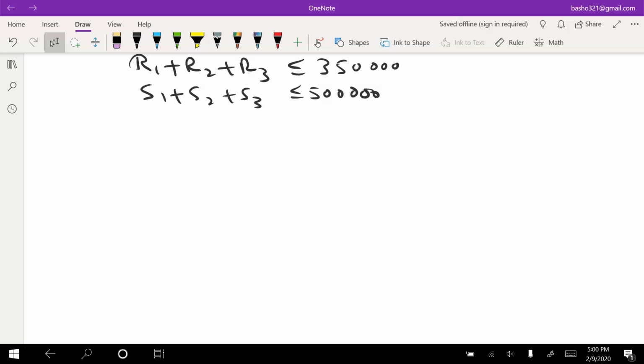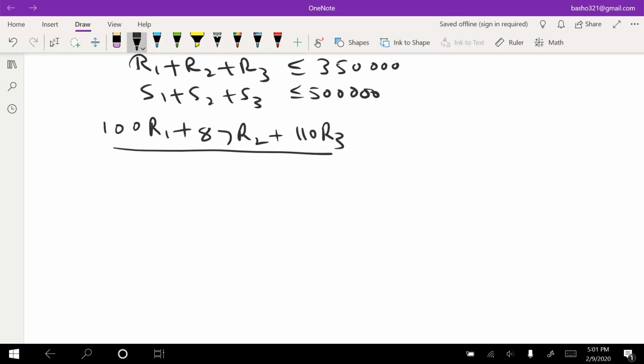Now we would need to maintain the minimum octane level, 90 for regular and 100 for super. So the octane level given to us for the different inputs: 100 R1 plus 87 R2 plus 110 R3, divided by the amount we use, should be at least 90 octane.